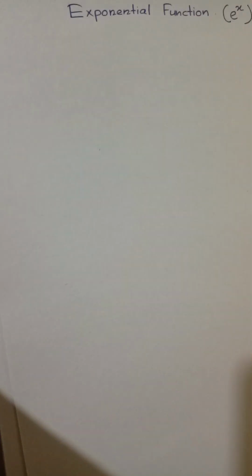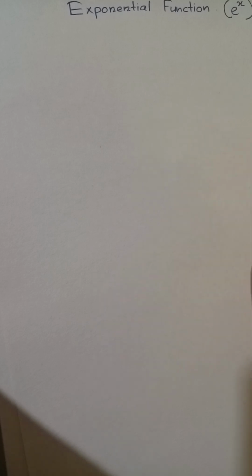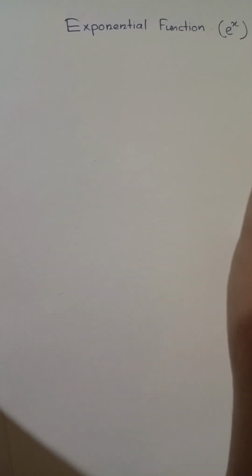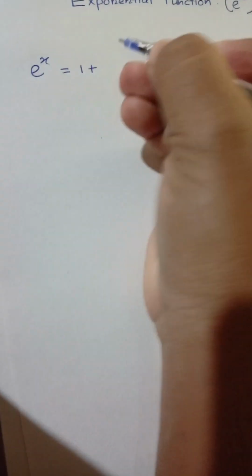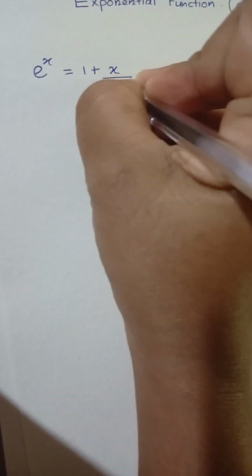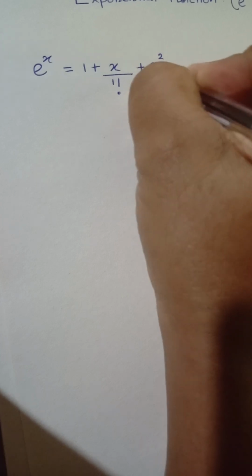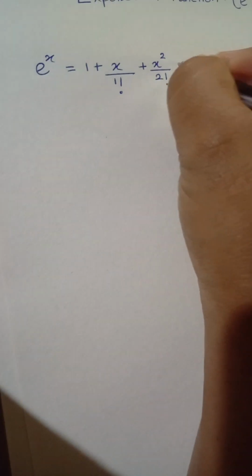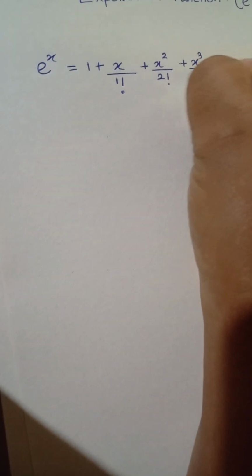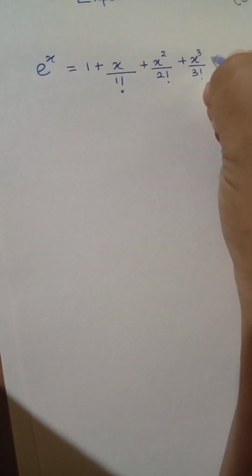Here, exponential function is an infinite polynomial series. Simply, we can represent that one. e to the power x is equal to 1 plus x over 1 factorial plus x square over 2 factorial plus x to the power 3 over 3 factorial.